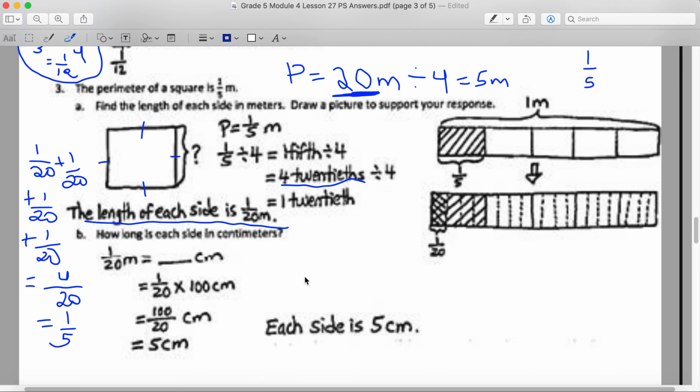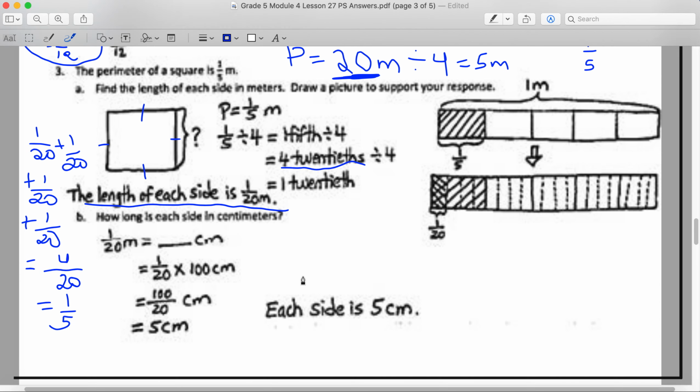Okay. So then it says, how long is it in centimeters? Well, 1/20 of 1 meter. What do we know about 1 meter? 1 meter is 100 centimeters. So this is like saying 1/20 of 1 meter, and 1 meter is 100 centimeters.